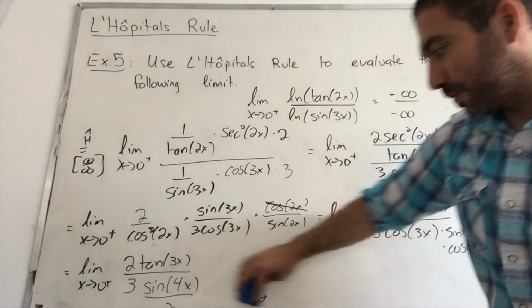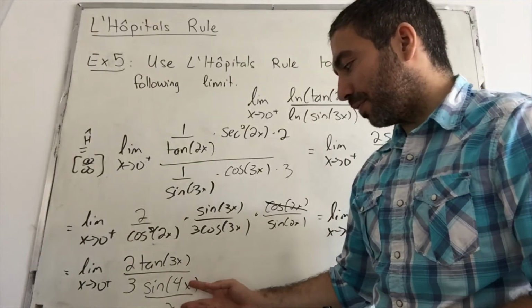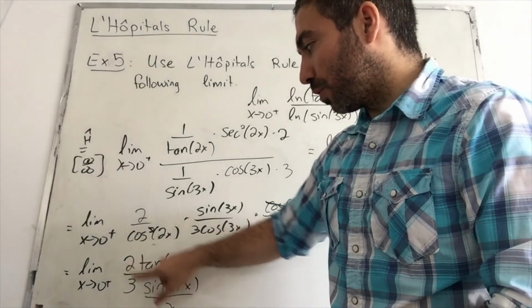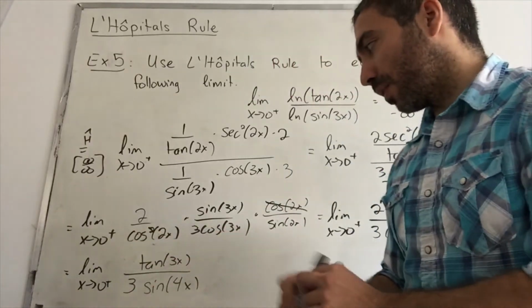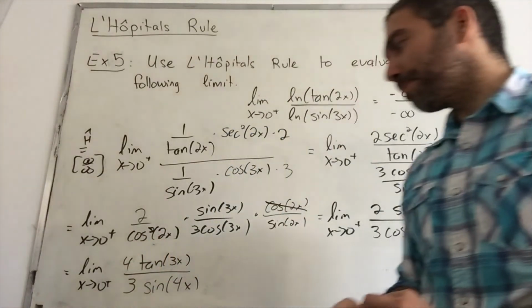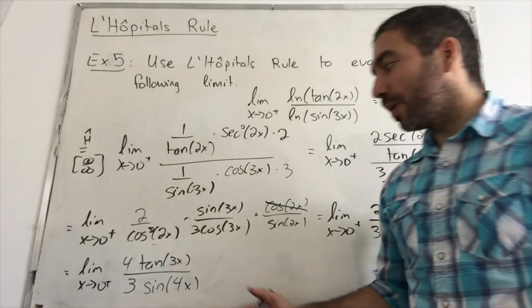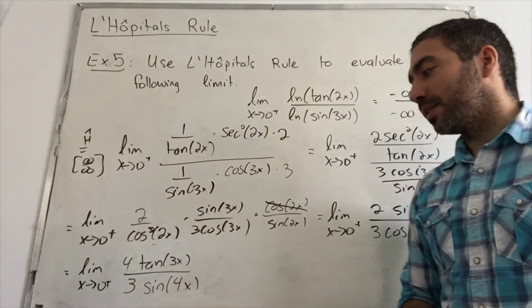So dividing by 2, I could flip this again. So this 2 is really multiplying with this 2, giving us a 4. Work out the details if you don't believe me. But you're essentially just multiplying by the reciprocal. We obtain 4 times tan of 3x divided by 3 sine of 4x.